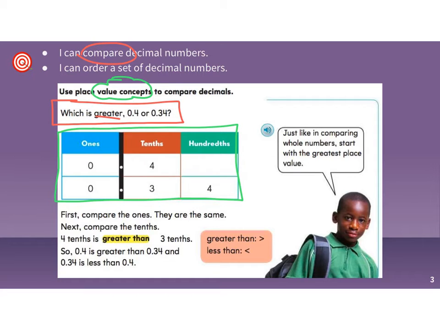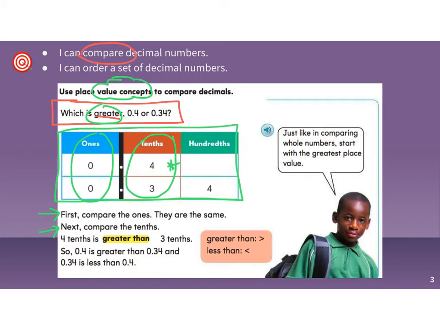I'm going to go from left to right when comparing these numbers. Starting with the ones, I see that both of them have 0 in the ones place. So move over to the tenths. We see that one of them has 4/10 and the other has 3/10. So in asking which one is greater, 4/10 would be greater than 3/10.